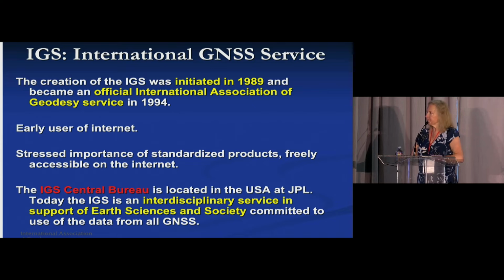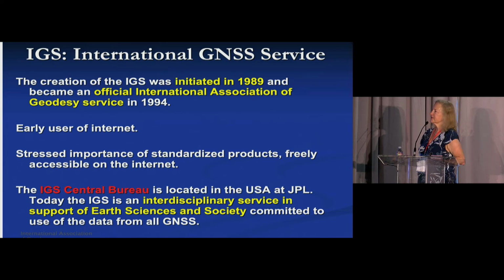Now, the other people I want to recognize, and this is something we really have to be grateful for, was that the International GNSS Service was established, not by us, but by Geodesy, and that was actually for monitoring earthquakes and plate motion. And they actually got a lot of money to put out a lot of stations, but it was created in 1994.